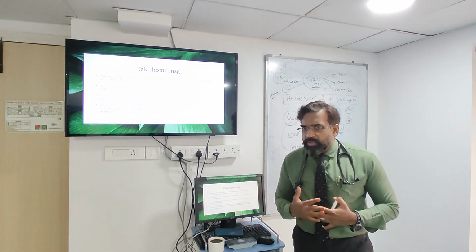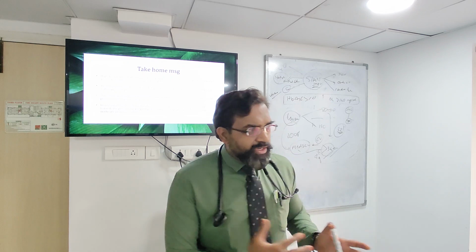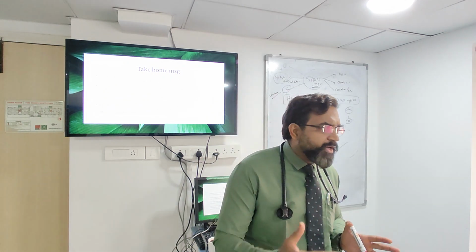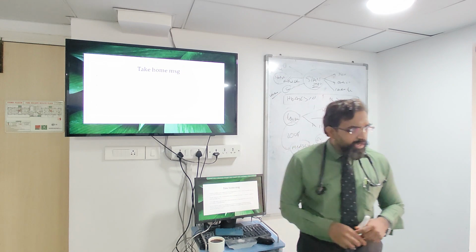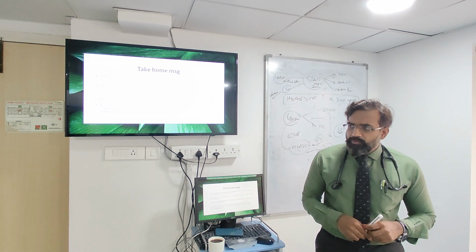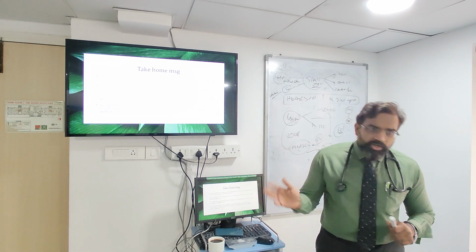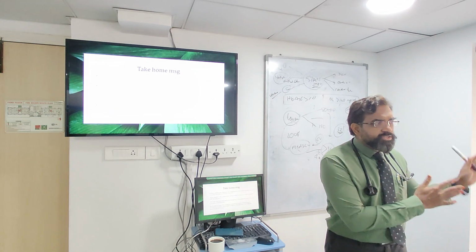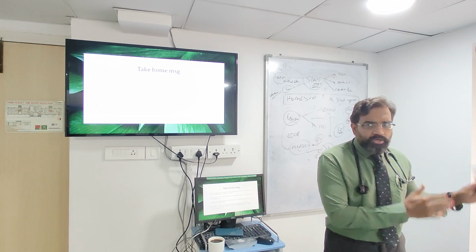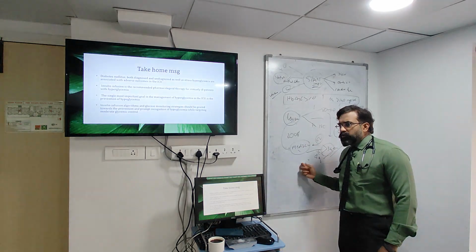Okay, what is this NICE-SUGAR study? They actually looked at tight glycemic control versus somewhere between 140 to 180. So they treated only when it was more than 180, but tried to maintain the sugars between 140 to 180, versus the 110 category. What they found was that you are not supposed to do the 110 to 80 because it causes extreme amounts of hypoglycemia and problems, and it is always better to have 140 to 180.